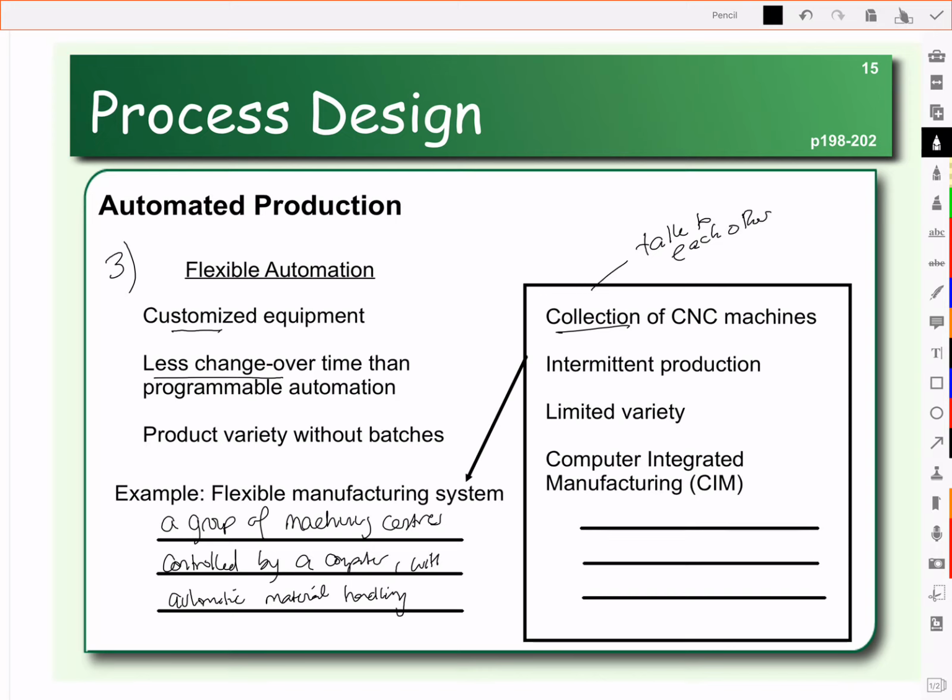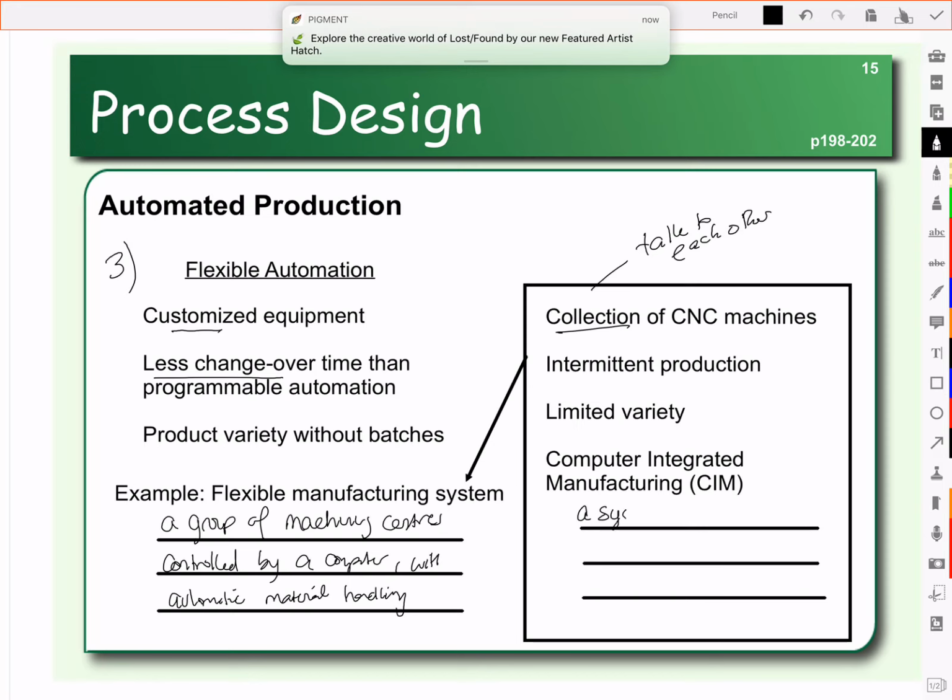So the flexible manufacturing system then is when we take our whole production process and we have all of our CNC machines talking to each other and working together. So we're essentially creating what is called computer integrated manufacturing.